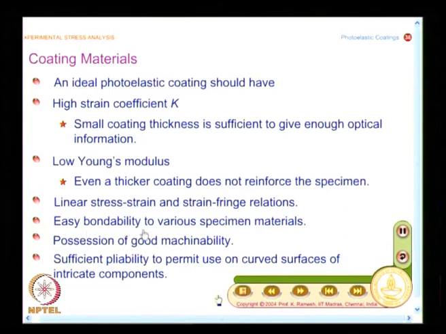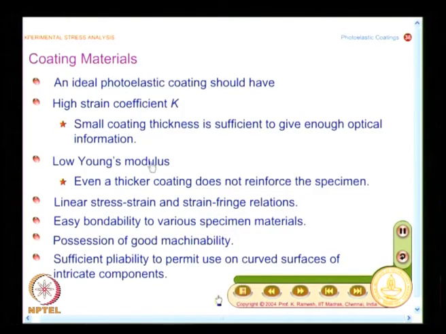Easy bondability to various specimen materials, because we had seen earlier people used glass, it was difficult to bond, and it should also have good machinability, and particularly when I want to go for complex industrial components, the coating material should have pliability for me to form the shell of the actual object.